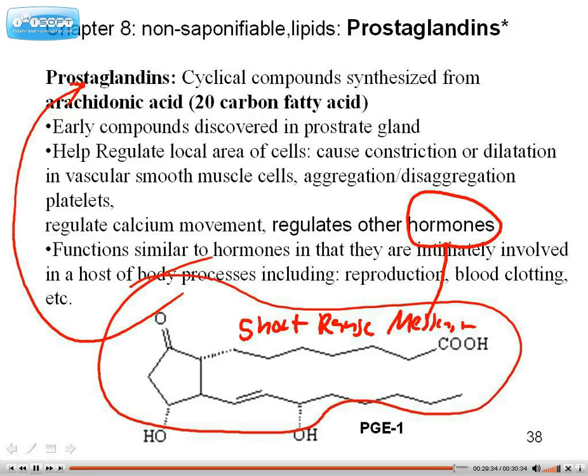This is an example of a hormone which affects constriction and dilation, although I misspelled that. And this was actually used as an alternative to Viagra. The company didn't do so well because this is a short-range hormone, so they had to use this.